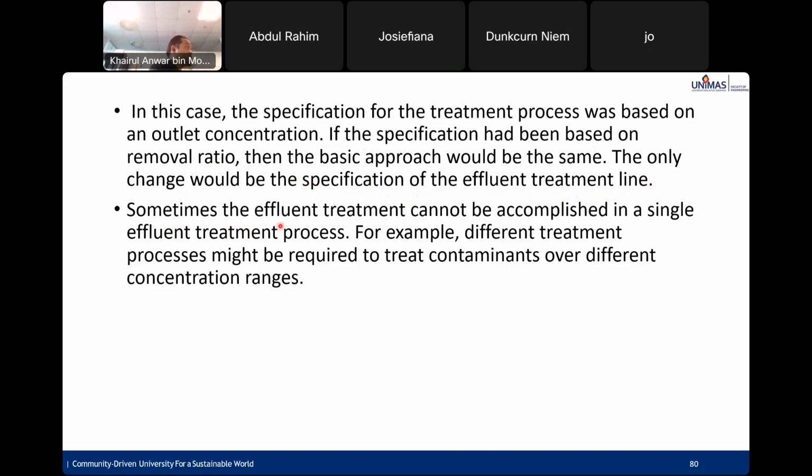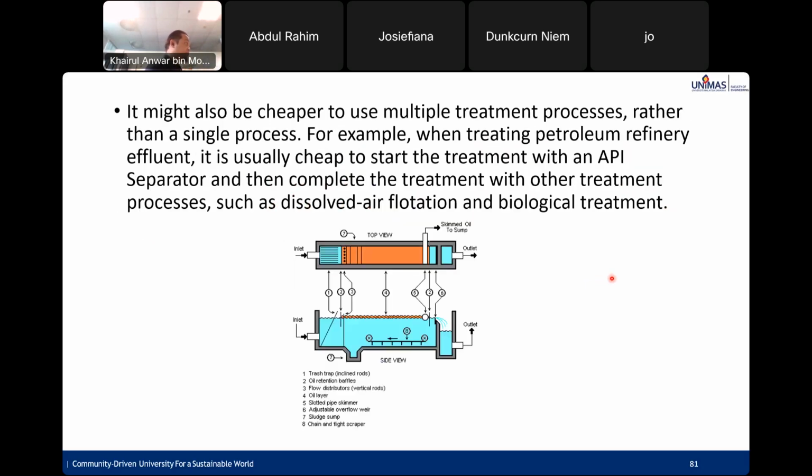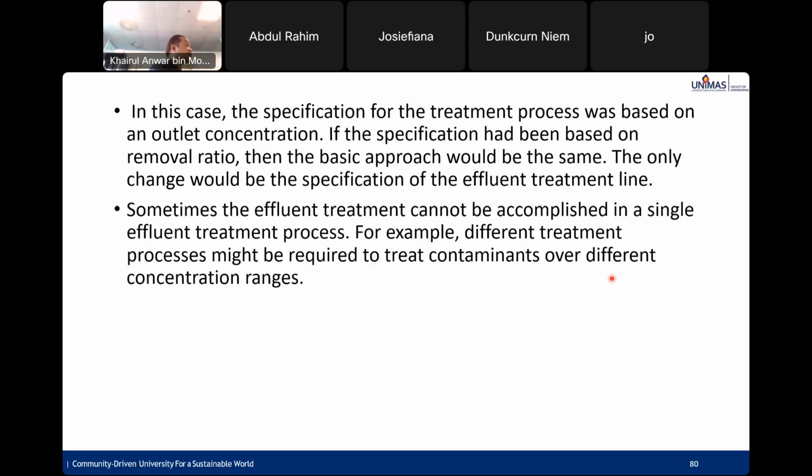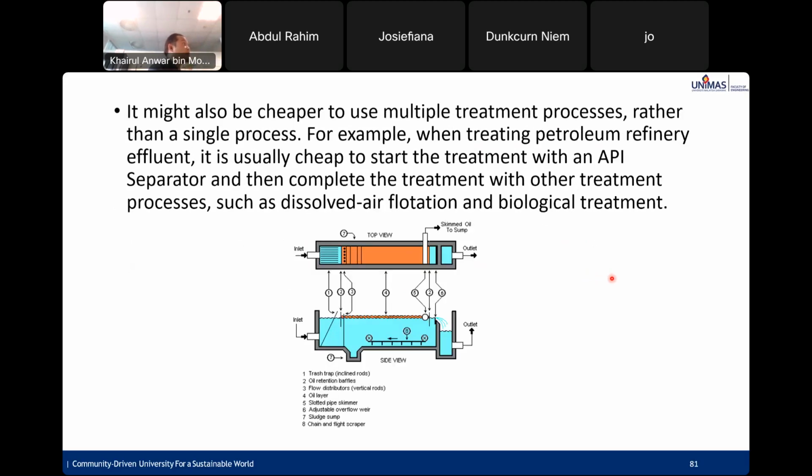Sometimes the effluent treatment cannot be accomplished in a single effluent treatment process. For example, different treatment processes might be required to treat contaminant over different concentration ranges. It might also be cheaper. This is just a suggestion based on this book.